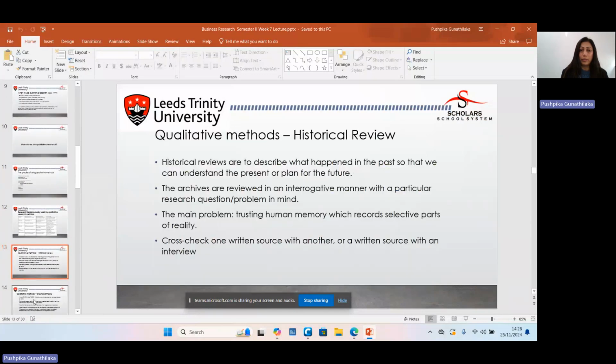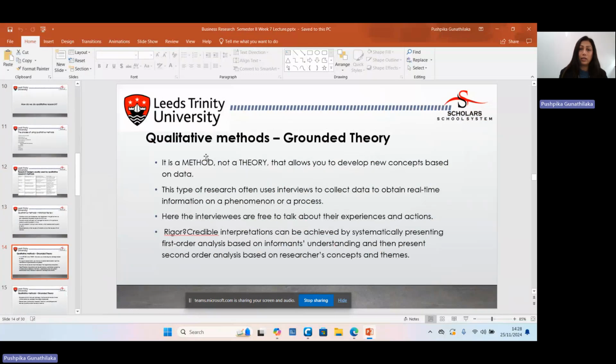If you take historical review under qualitative methods, historical reviews are to describe what happened in the past so that we can understand the present and plan the future. And there is another important way of doing qualitative research, that is grounded theory. It is a method, not a theory, that allows you to develop new concepts based on data.